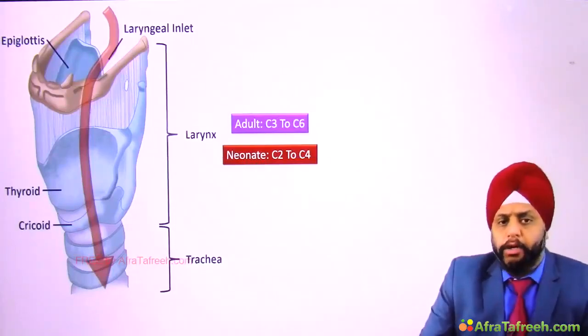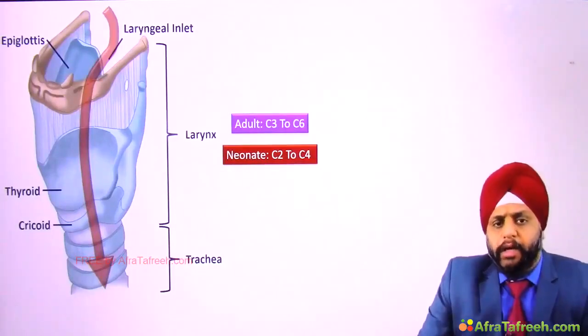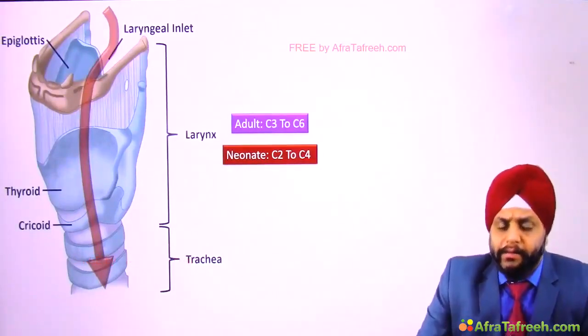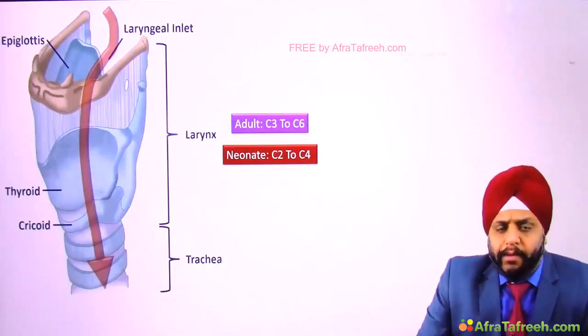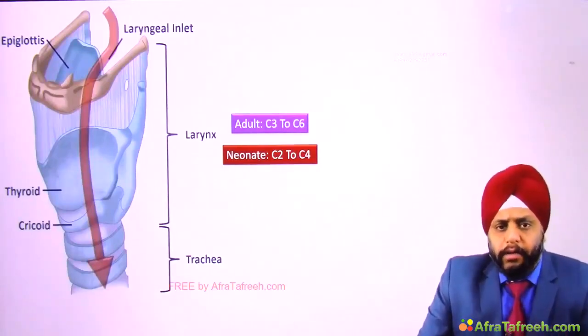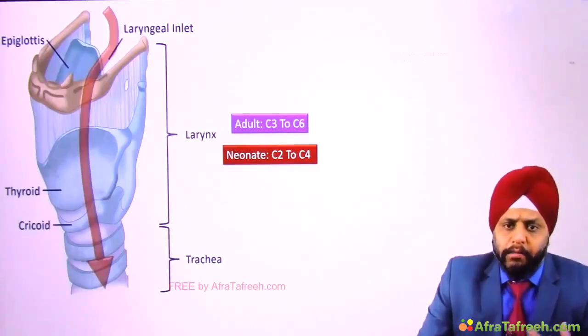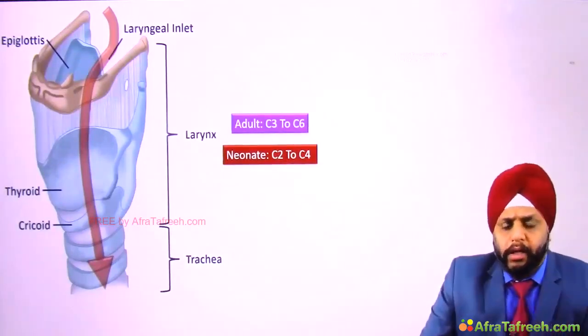Now what is the advantage of this? The advantage to the neonate is that the neonate can drink and breathe at the same time. So when the newborn is sucking the milk from the mother's breast, he does not have to dissociate again and again to take a breath. The newborn can keep on breathing and at the same time keep on sucking the milk.